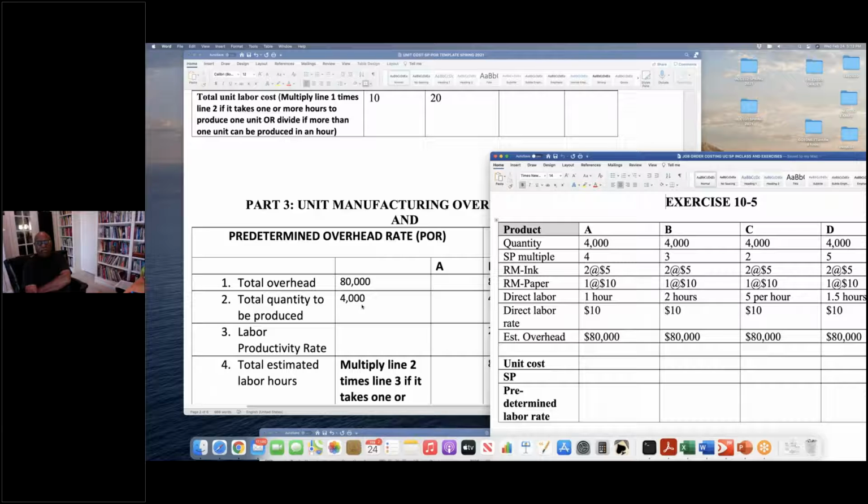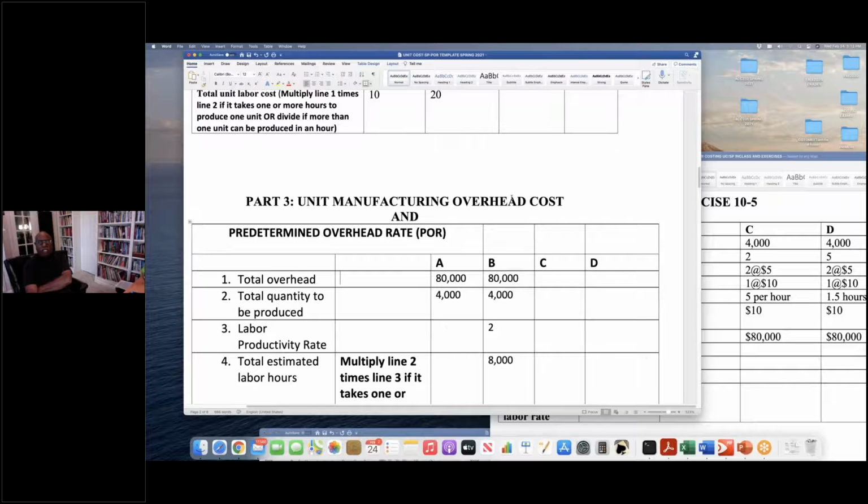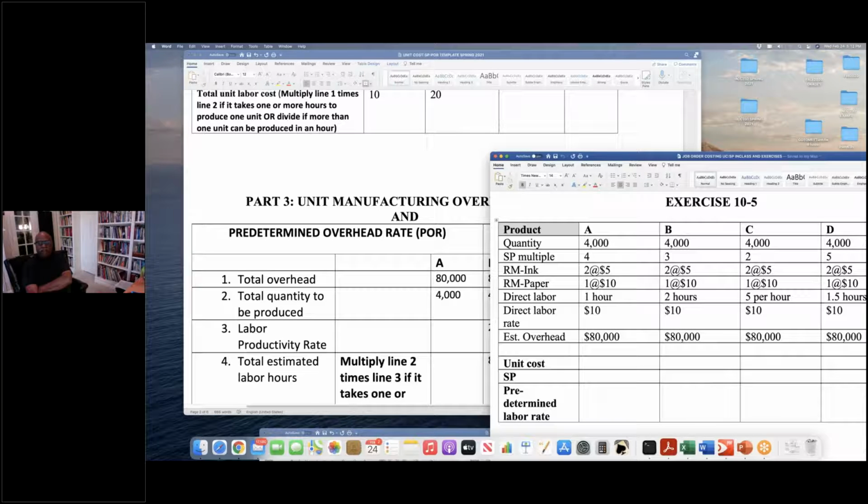Now we need our direct labor hour productivity. I'm over a column on there. And so that's just one, right? Okay. I should have been over here. Let's see where we're getting the direct labor productivity from.